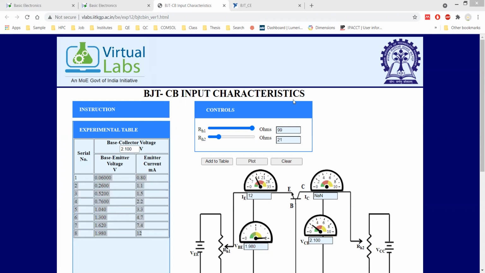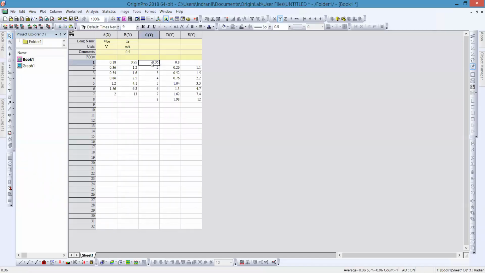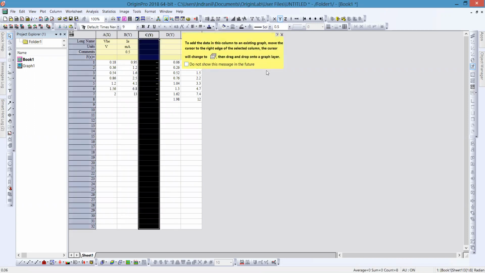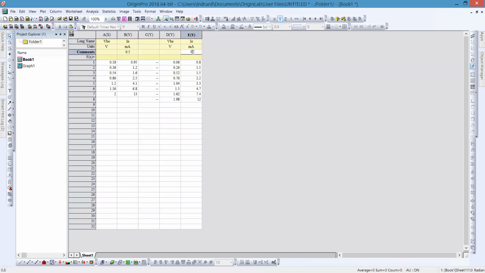For this case, the collector base junction voltage is 2.1, VCB equals 2.1.